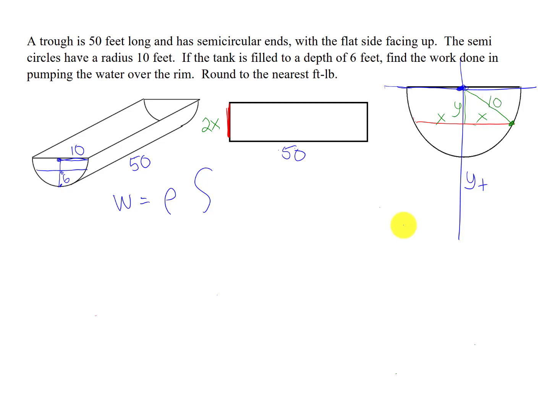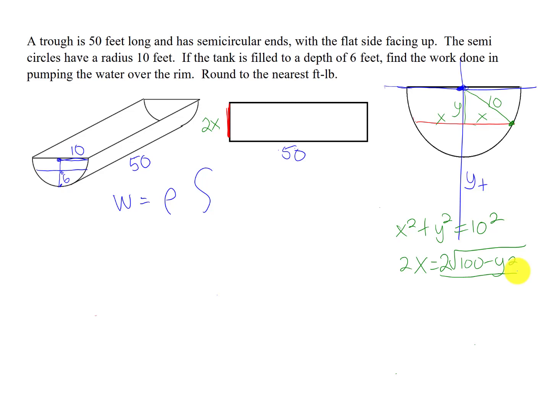So our connection there is going to be x squared plus y squared equals 10 squared, so we can easily solve that for x. It's going to be the square root of 100 minus y squared. Now what we want for our little width is 2x, so we could just multiply both sides by 2, and this is what I'll use for my little width.